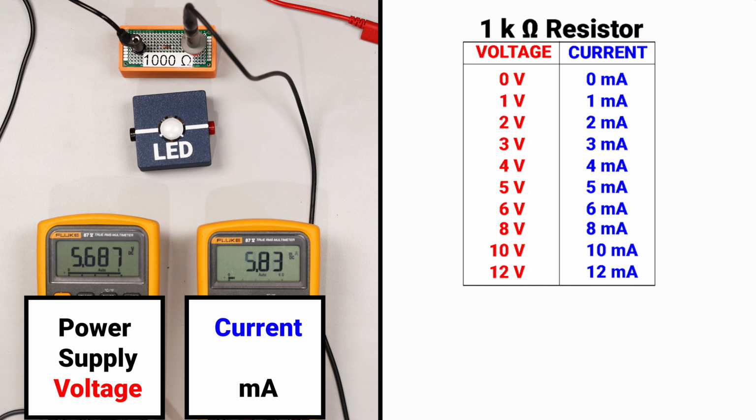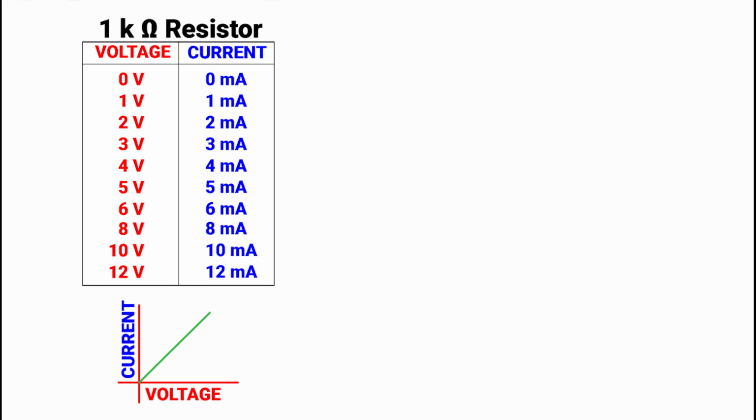So I'll continue to increase the voltage on the left meter, and we'll start to see that there is a direct relationship between the voltage on the left and the amperage on the right. This type of behavior is described as being linear, meaning that as we increase the voltage, proportionally we will increase the amperage in a circuit that has a fixed resistor.